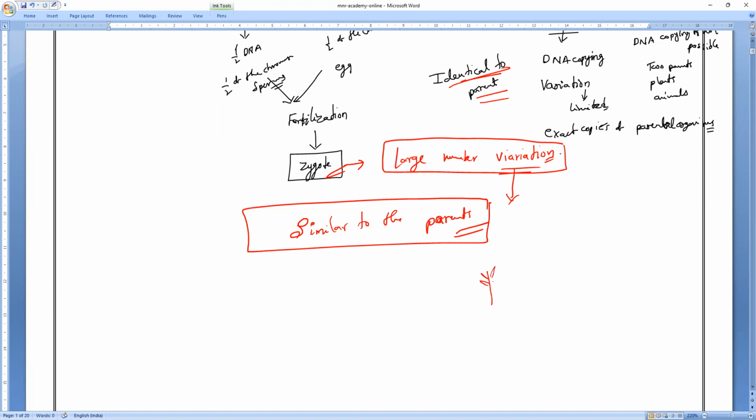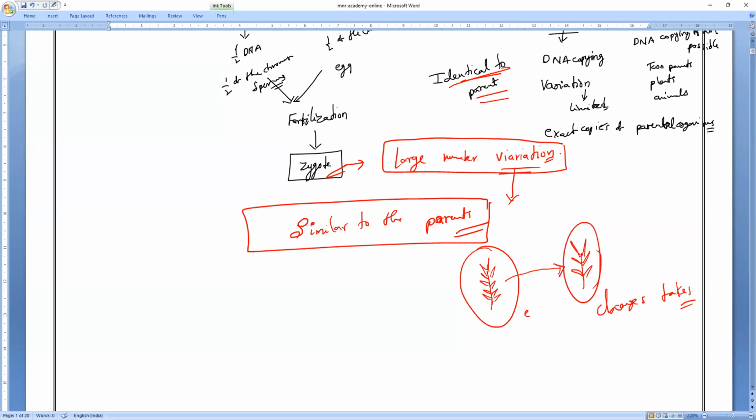If it undergoes sexual reproduction, this rice plant may not survive these environmental conditions, but the offspring produced by sexual reproduction may survive based upon the changes taking place in the atmosphere. So evolution will take place.